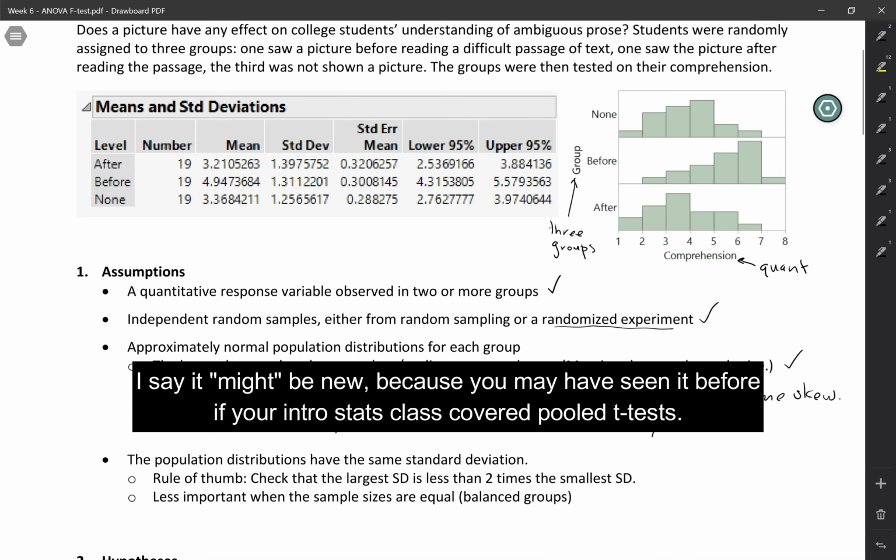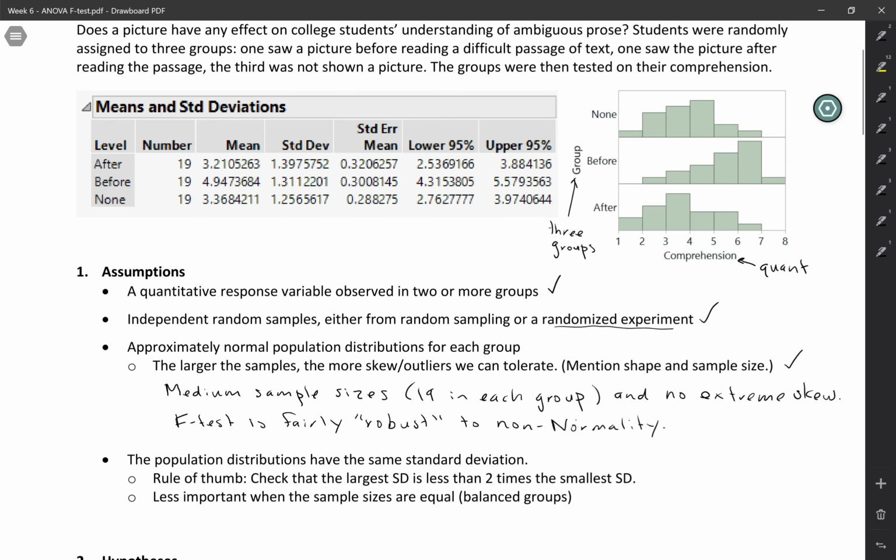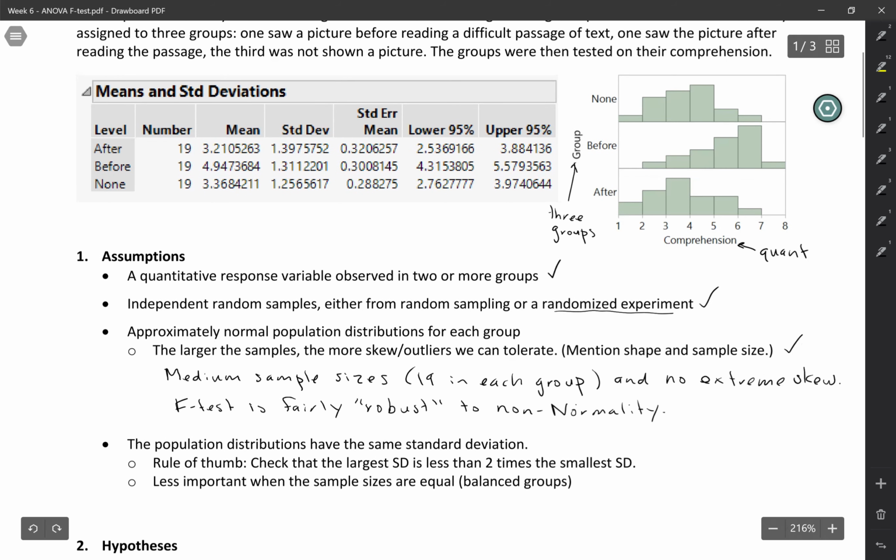The ANOVA F-test requires that the population distributions have the same standard deviation. Again, it doesn't have to be perfect. If we look at the standard deviations here, they're not perfectly equal across the three groups, but a rule of thumb is to check and make sure that the largest standard deviation is less than twice the smallest standard deviation. So here, the largest one is 1.397.